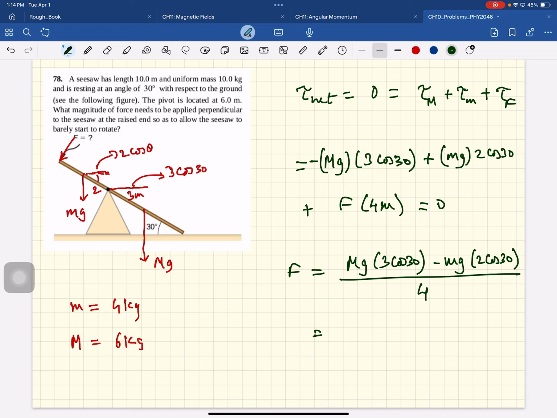So F equals 6 times 9.8 times 3 cosine 30 minus 4 times 9.8 times 2 cosine 30, divided by 4, and that will work out in newtons.